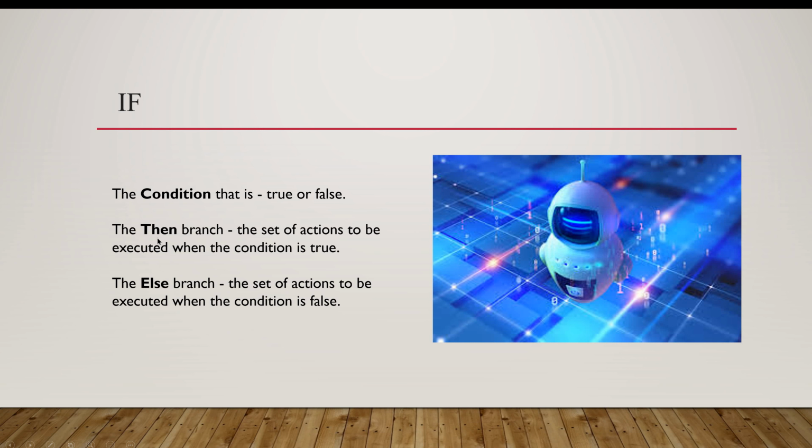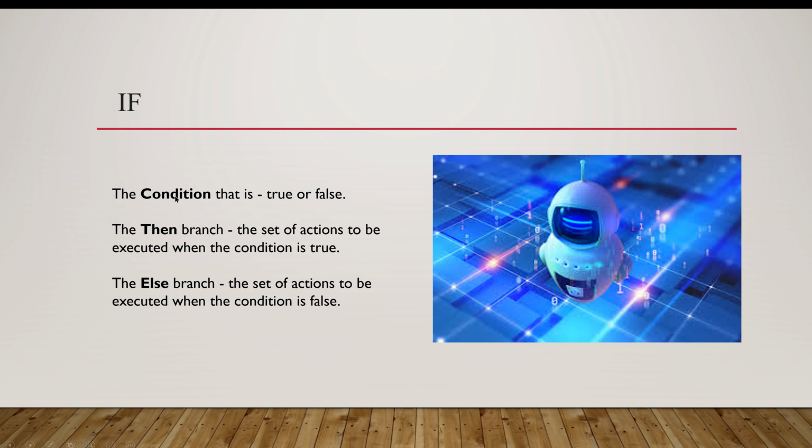What is this then branch? This is nothing but a sequence of activities to be performed by the executor based on the output of the condition. Similarly, else branch is also a sequence of activities which will be performed by the executor, the executor being our bot, if the condition is false.